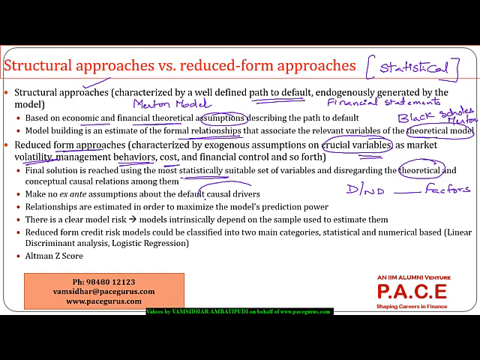Regarding the various drivers of default, not too many assumptions or theoretical bases are typically made. The intention is to increase the predictive power. So add your variables in such a way that the overall predictive power is going to increase. The relationships are purely estimated with that sole objective, that my predictive power has to be increased at any stage.